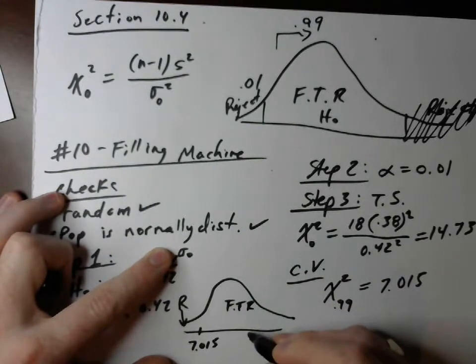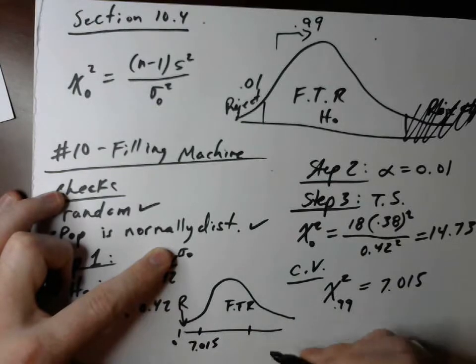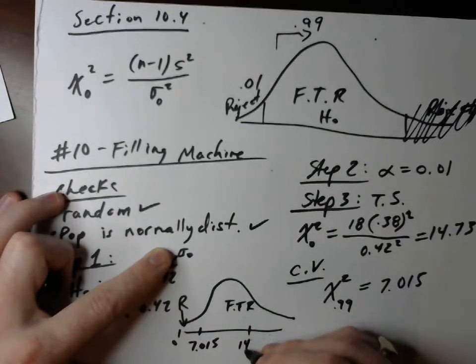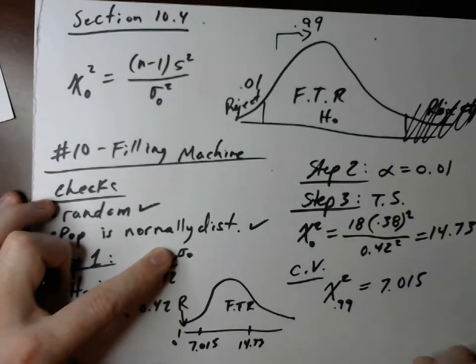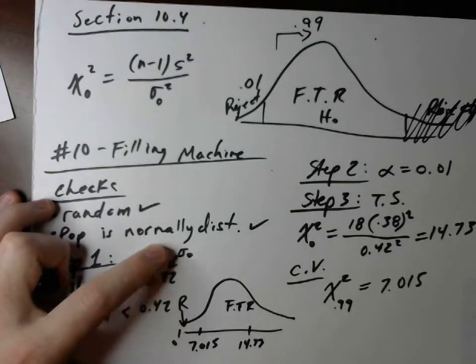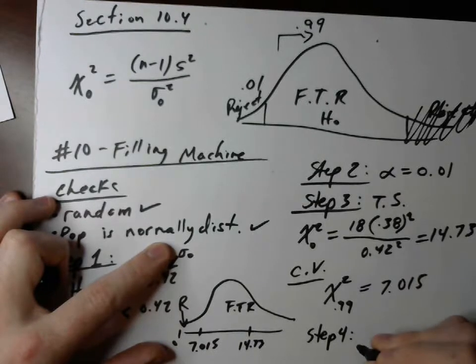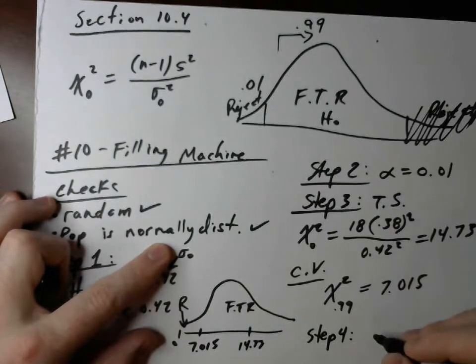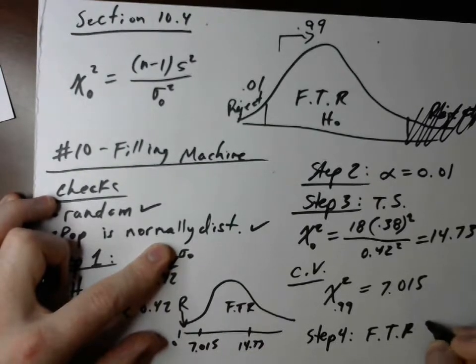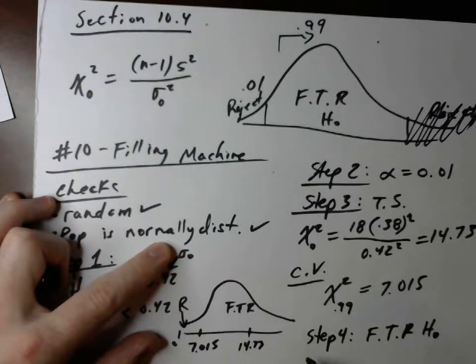And 14.73 is over here, since 0 is over here. That's in the fail to reject region. So we have just determined, step 4, that based off this picture, we have failed to reject H naught. Okay?